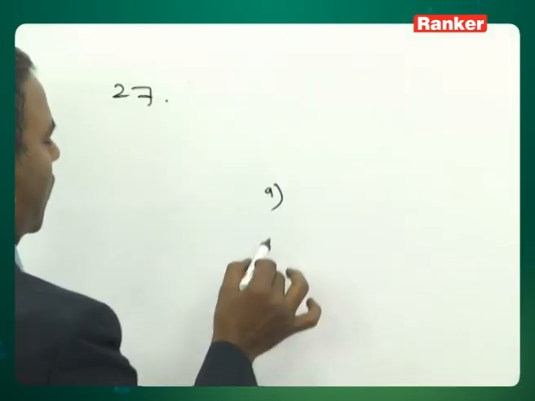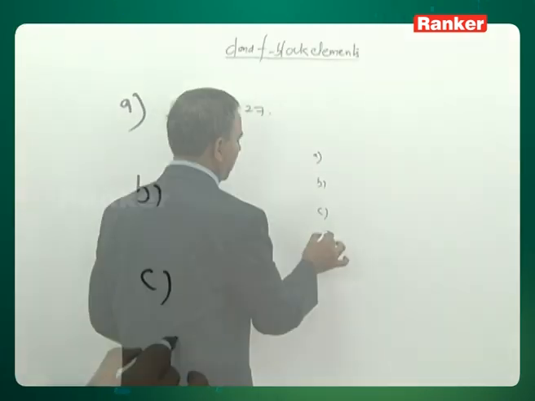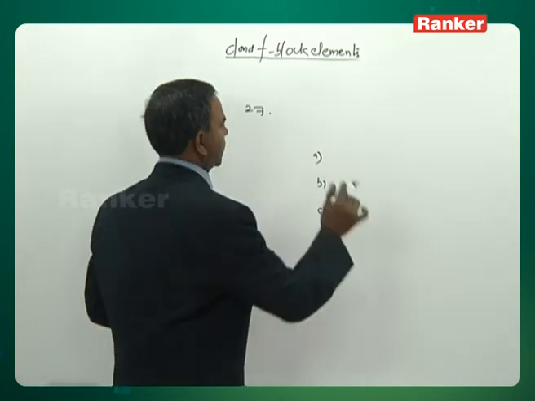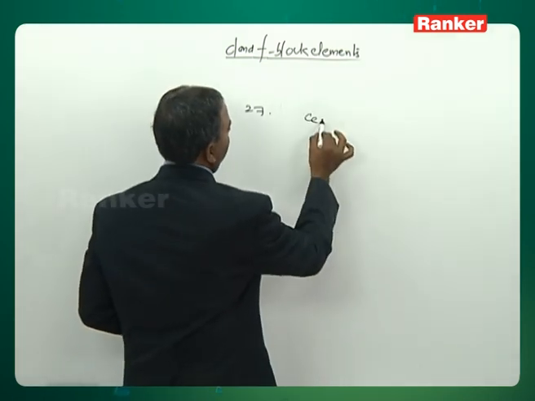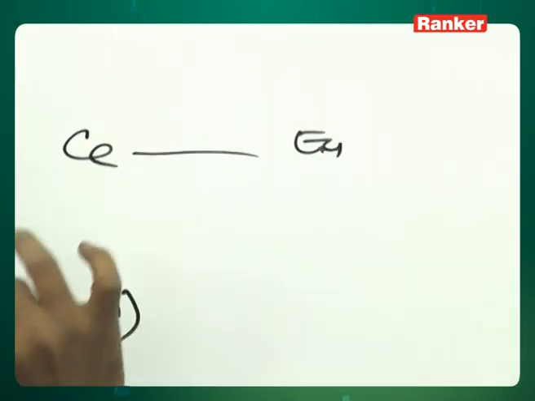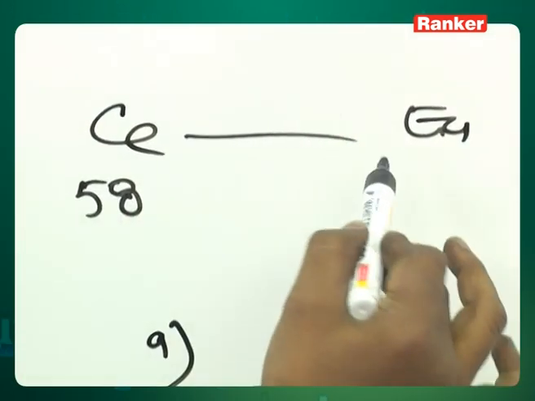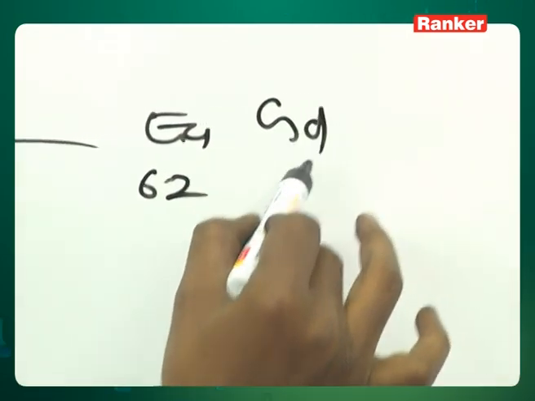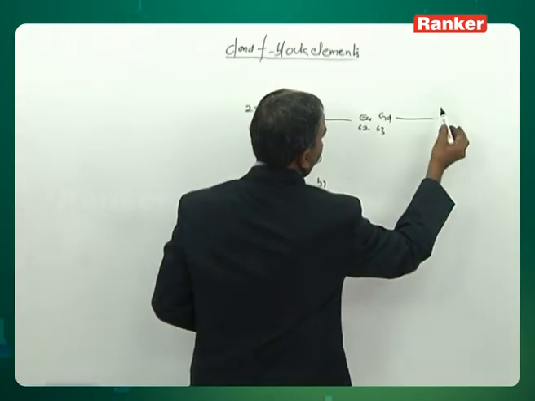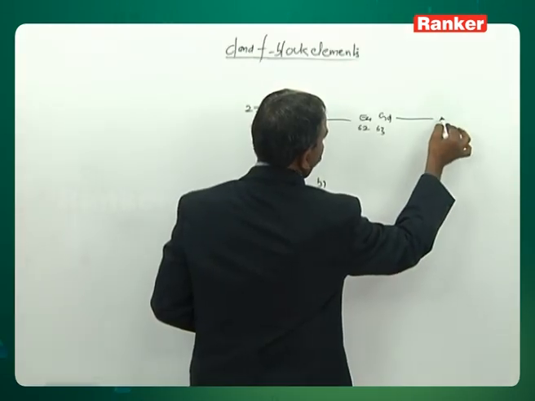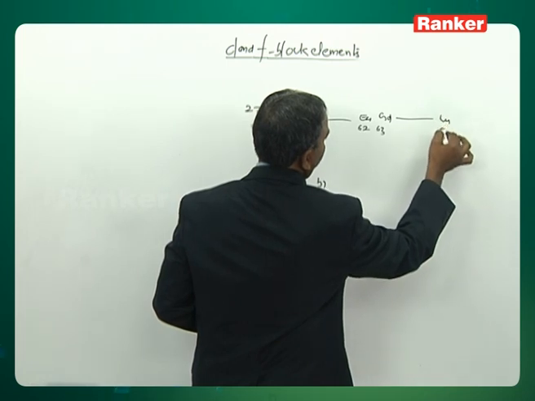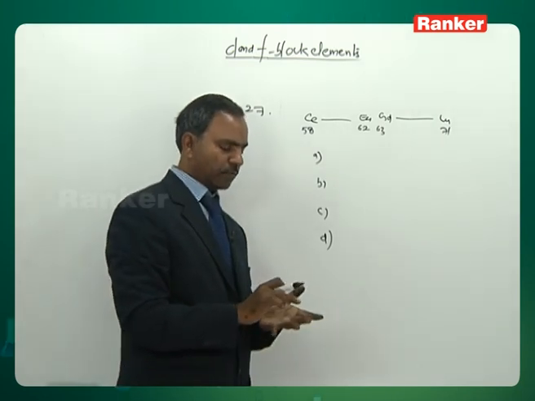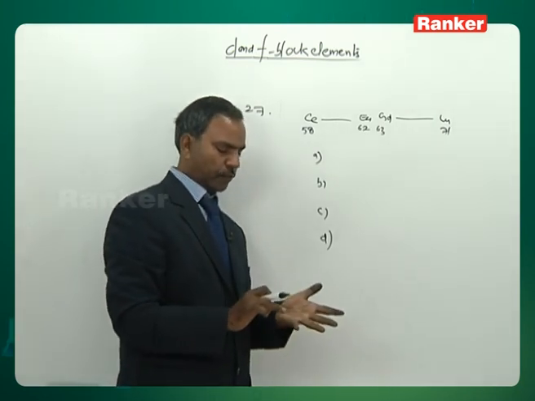Now, let us keep options A, B, C, D aside. What I said, all the lanthanides are classified into two sets. Look here, cerium to europium, 58 to 63: cerium, praseodymium, neodymium, promethium, samarium, europium.